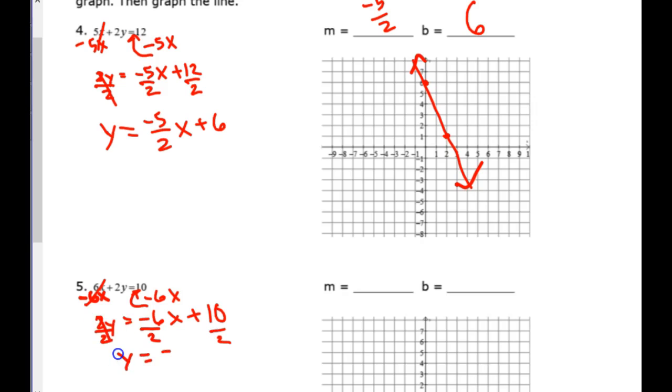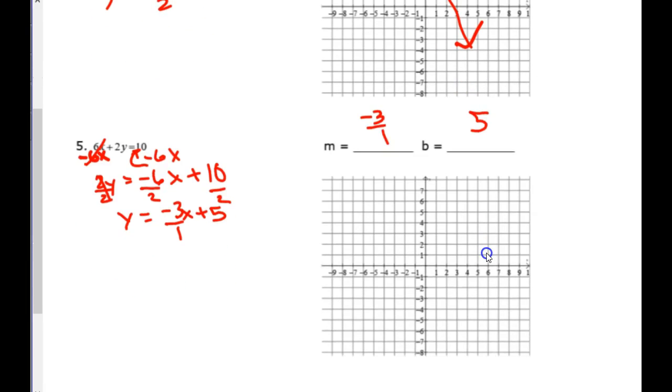Y equals negative 3x plus 5. And the slope, if it's a whole number, we put it over 1. So we have negative 3 over 1 and 5 as our slope and y-intercept. So let's graph this at positive 5 as my y-intercept. Start at the b for beginning, and then down 3, right 1 is my slope. Okay.